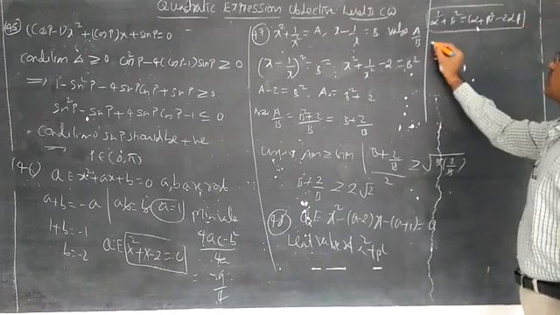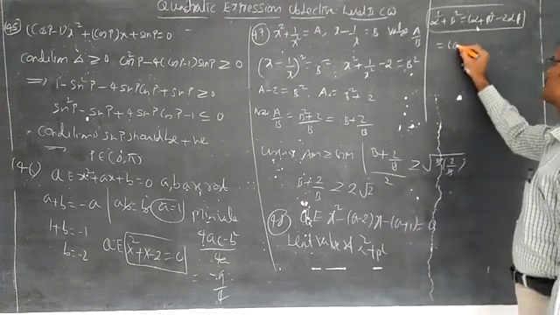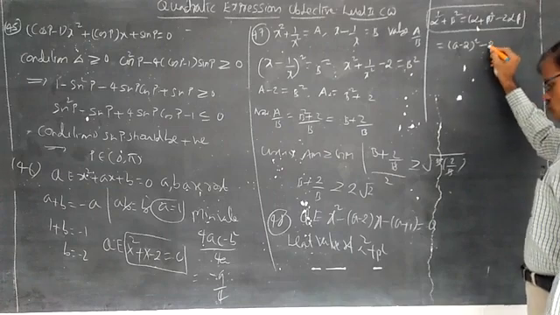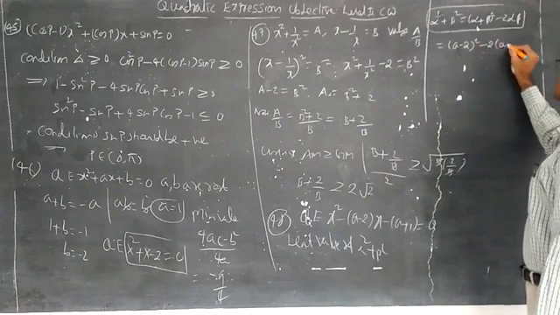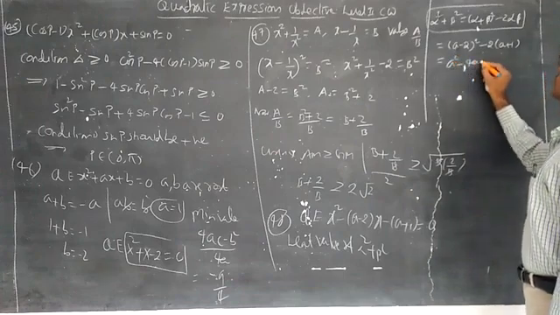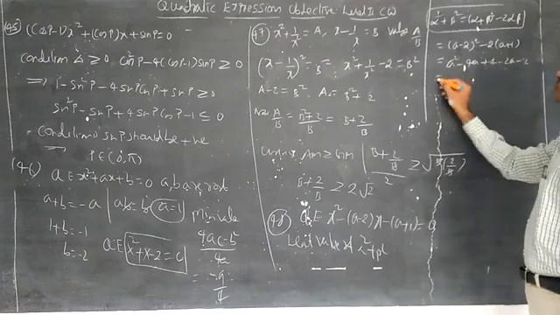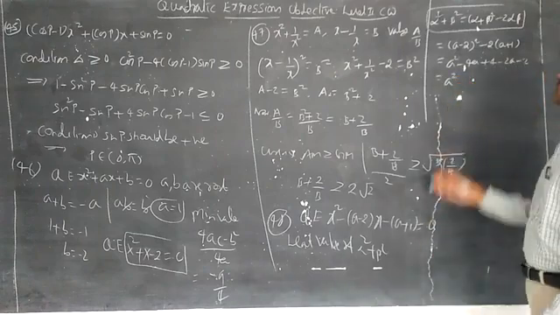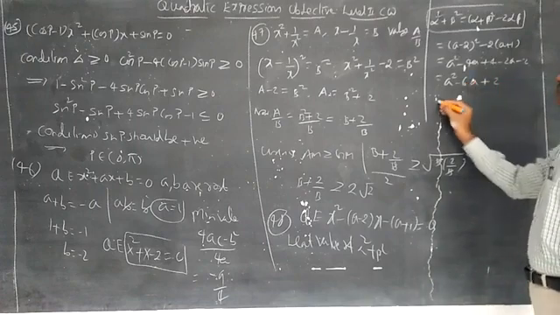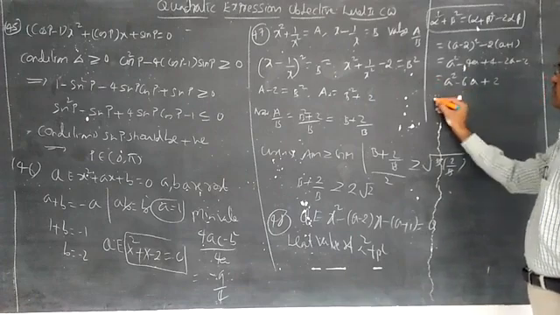Using the sum of roots and product of roots concept, alpha plus beta is a minus 2, so a minus 2 whole square minus 2 into a plus 1, that is a square minus 4a plus 4 minus 2a minus 2. So alpha square plus beta square we are getting as a square minus 6a plus 2.